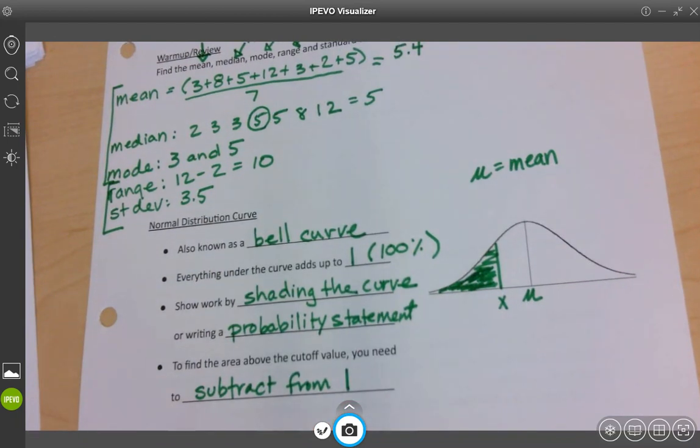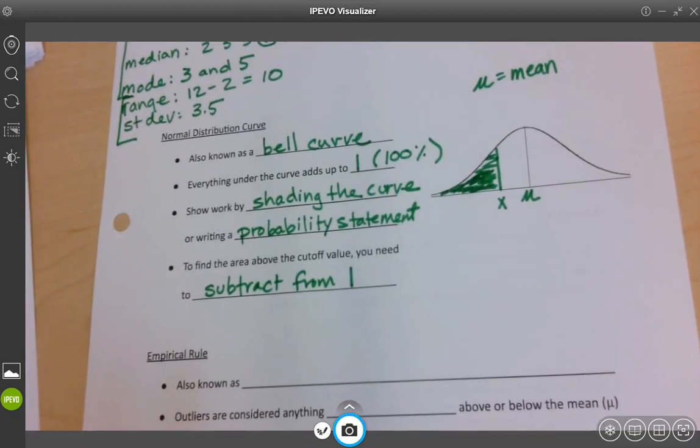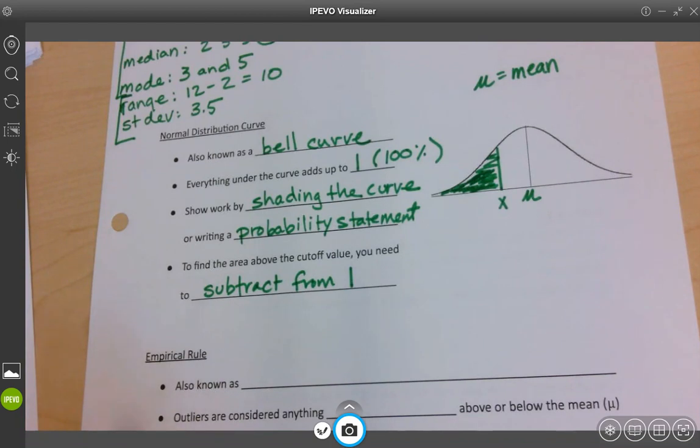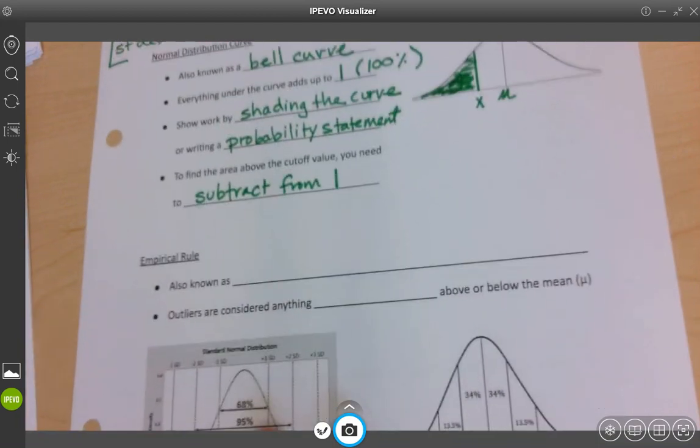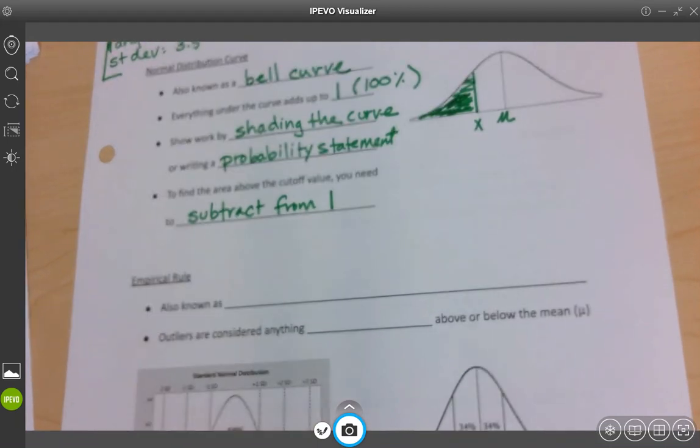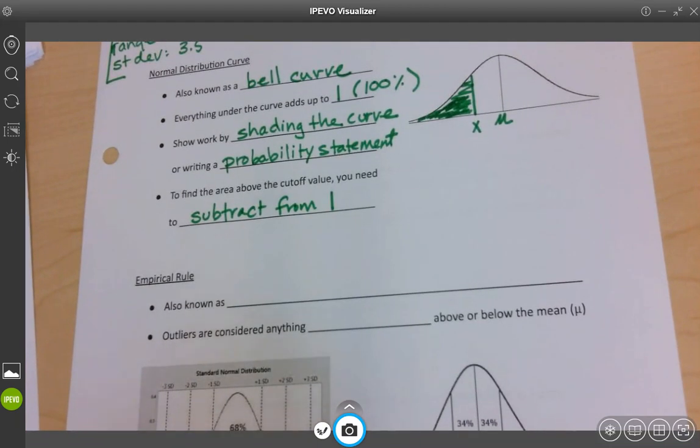Okay, so there will be calculators that will help us with some of that. However, because things that are normally distributed follow a predictable pattern, there are percentages that come up more often, and they're based on standard deviations.